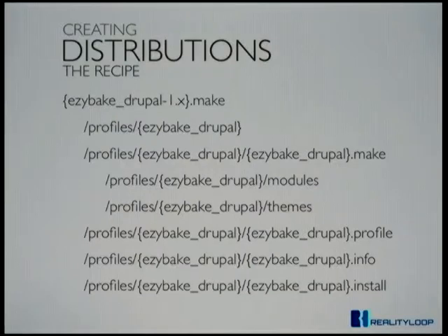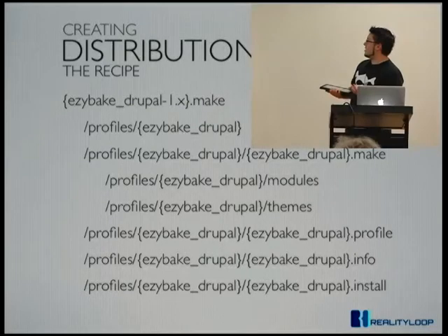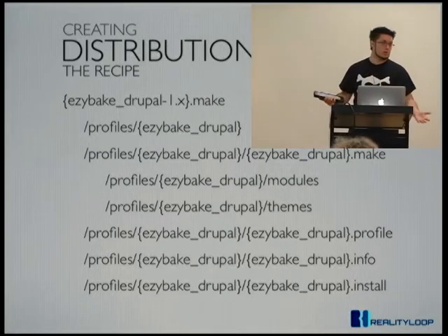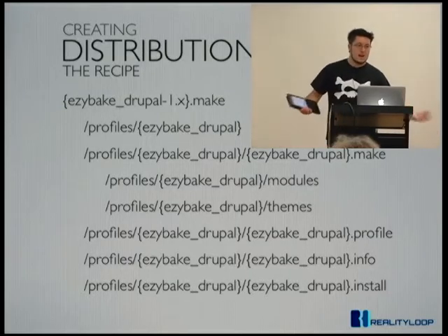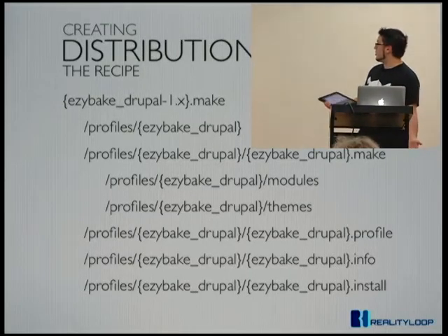So this is the basic recipe for building a distribution. It may look a little bit scary, but there really isn't a lot to it. You've got one Makefile at the very top, which is known as the stub Makefile, and that references a profile, which has its own Makefile, which references all the modules that you want downloaded, all the themes, all the third-party libraries, all the patches you want applied, anything that you want DrushMake to do for you on your behalf.